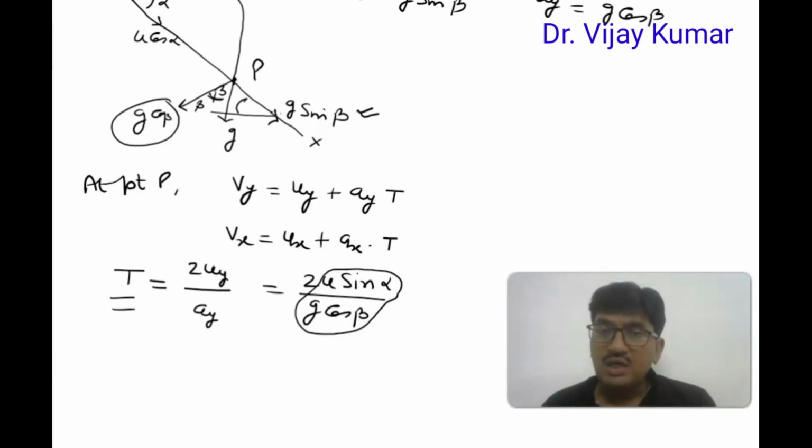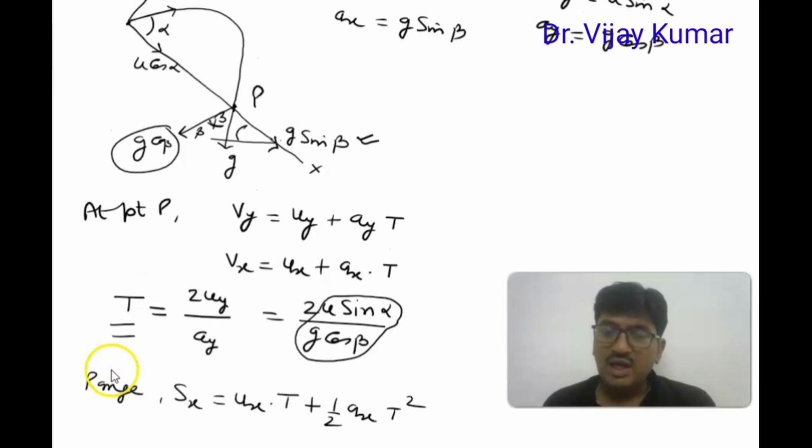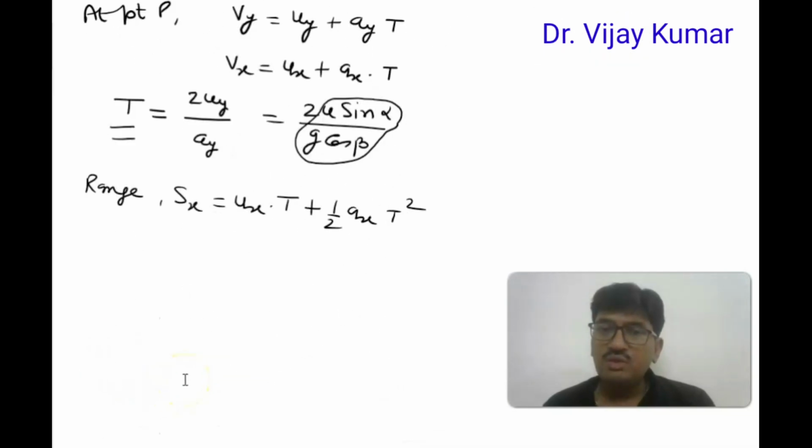And if we determine the range, as we have already explained, the components are the same, only the method is different. Sx equals uxt plus half axt square, and now we can put in the values of ux and ax.